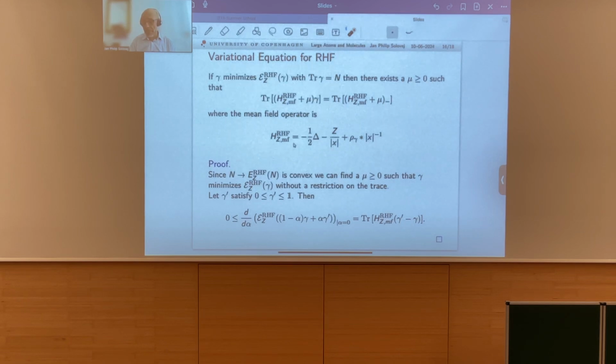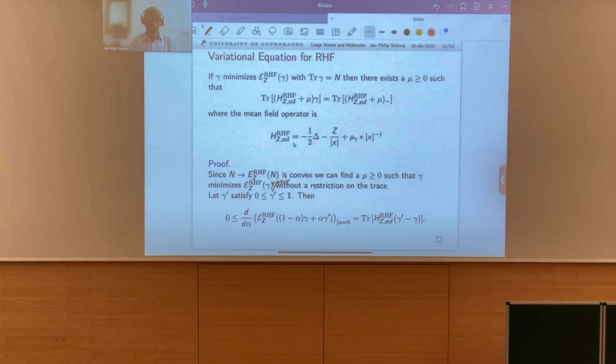And the proof is not difficult. You just use the fact that this is convex, and that means that you can find the mu. I should have added plus mu trace of gamma here, as a Lagrange multiplier, if you want.